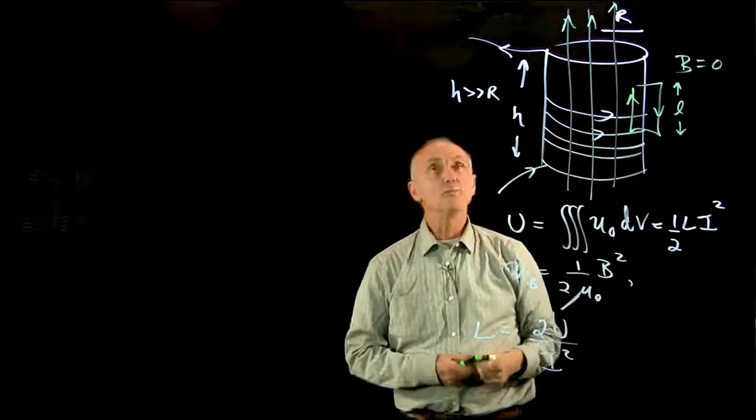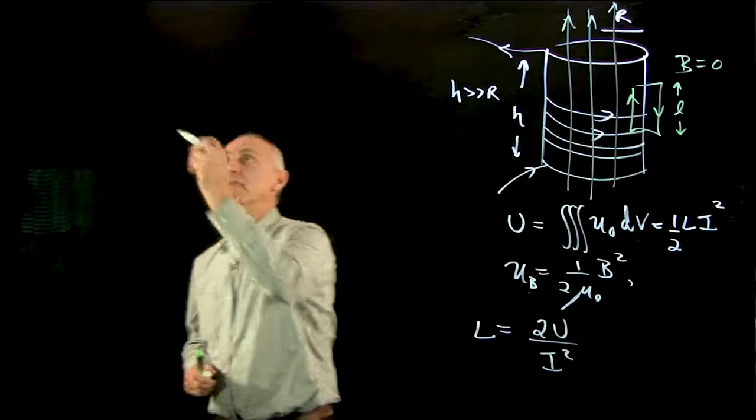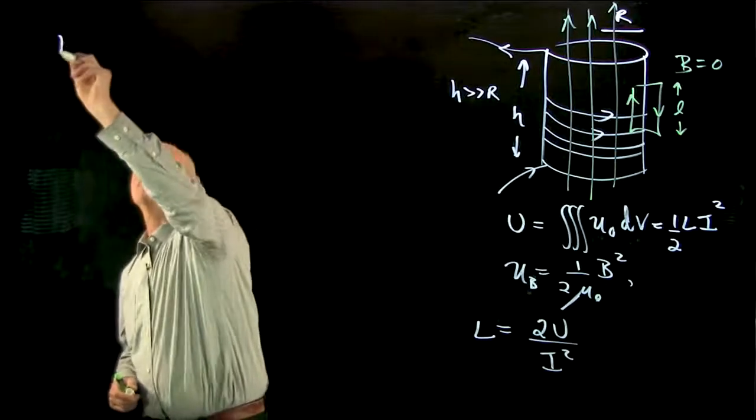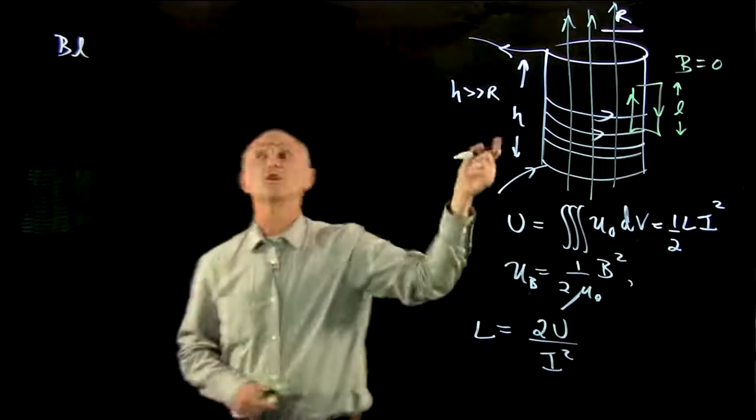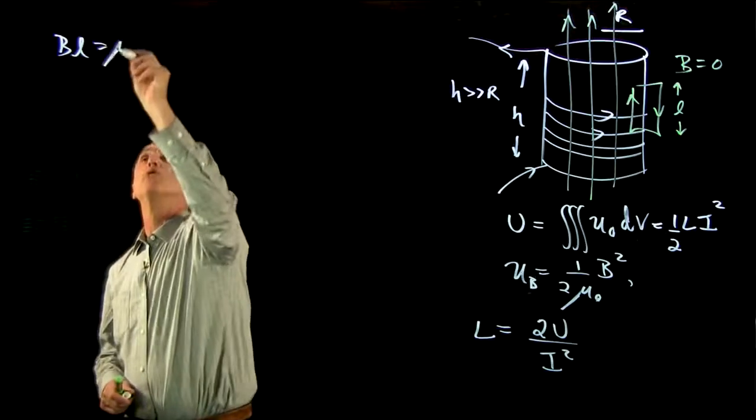That's our Amperian loop. And this was a calculation that we've done a few times. We know that B times L on the one non-zero leg is equal to mu naught.